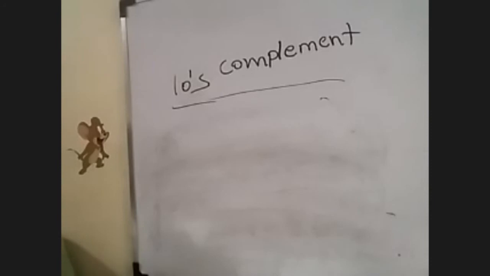Diminished radix means nines complement or ones complement, that is r to the power of n minus 1 minus N. Radix complement means two's complement or tens complement, the base complement. Is tens complement completed or not? No, ma'am.